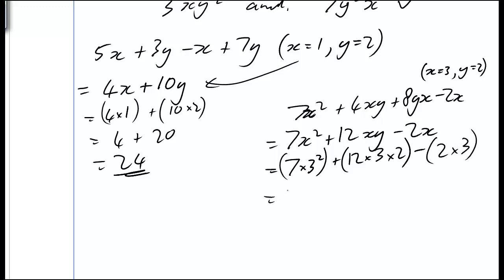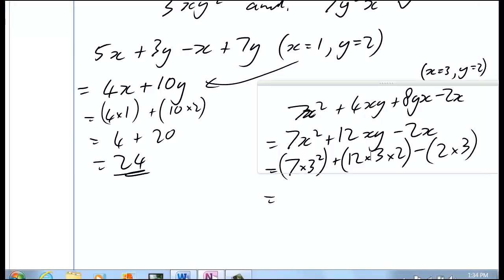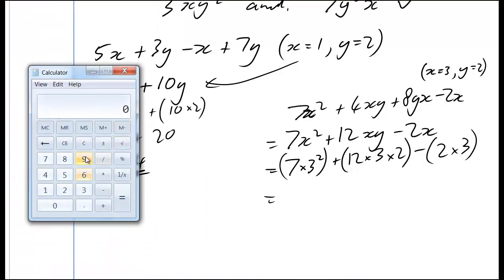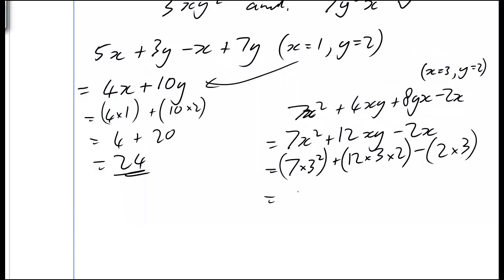So let's do it. 3 3s are 9. 7 9s. What are 7 9s? Oh, I should know this one, shouldn't I? But I'm going to cheat. 7 9s. By the time I get the calculator out, I should have worked it out. 9 times 7 equals 63. Oops, that's one of the tables I don't know very well. 63 plus 12 times 3 is 36. 2 times 36 is 72.